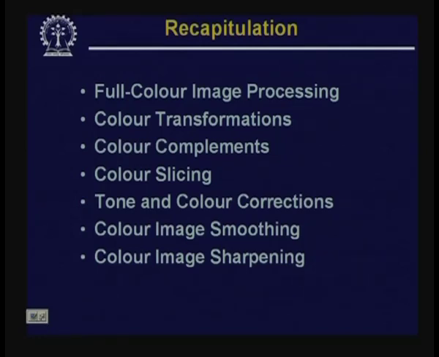We talked about what is meant by tone of a color image and how we can go for tone and color corrections in case there is any defect in the image tone. Then we also talked about processing techniques like color image smoothing, and how to sharpen a particular color image.